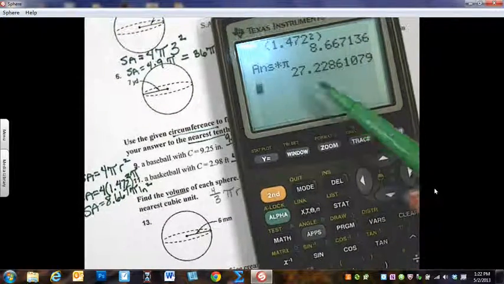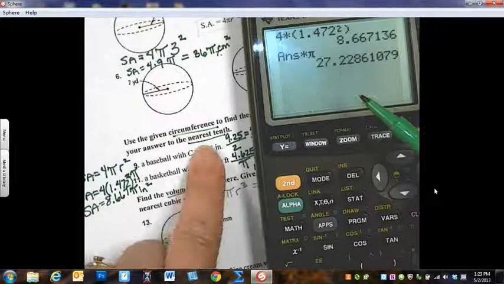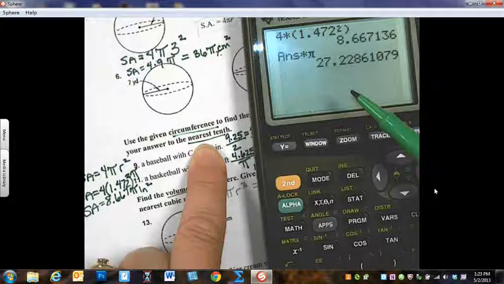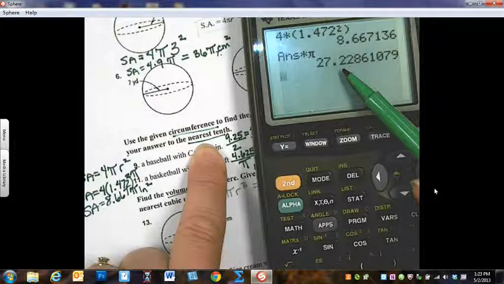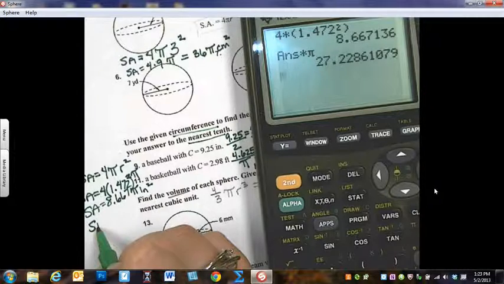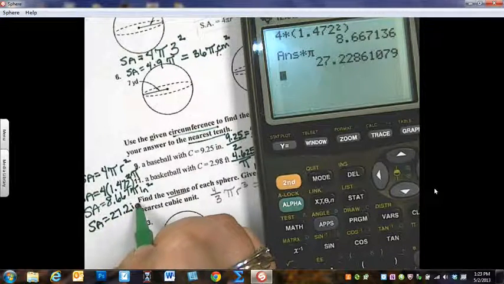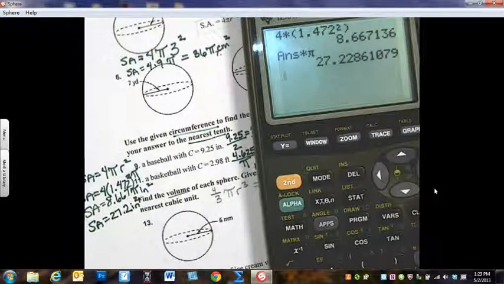Notice we have 27.2286, and they want it rounded to the nearest tenth. So that's this 2 right here. I look just to the right, I have another 2. That 2 is not a 5 or more, so my answer is going to be 27.2 inches squared. And that is your answer.